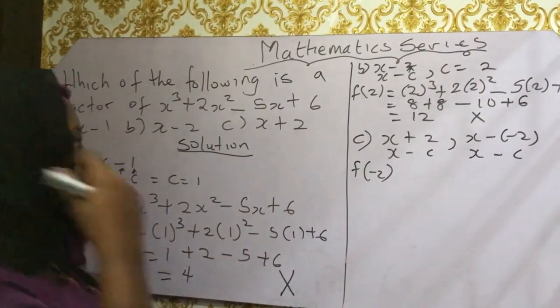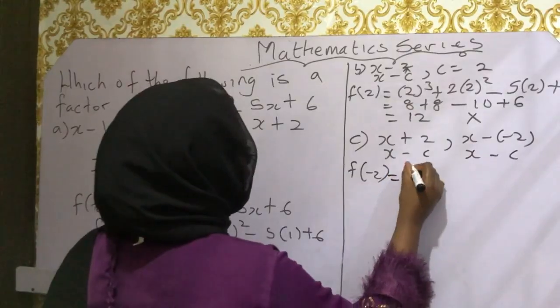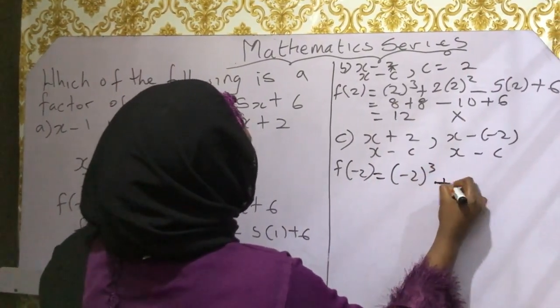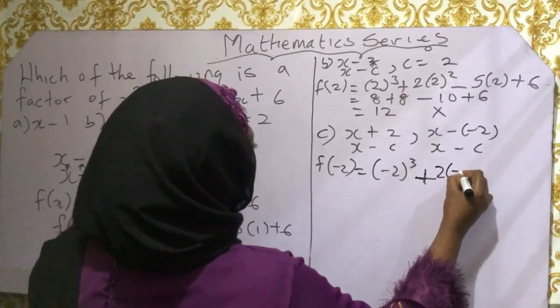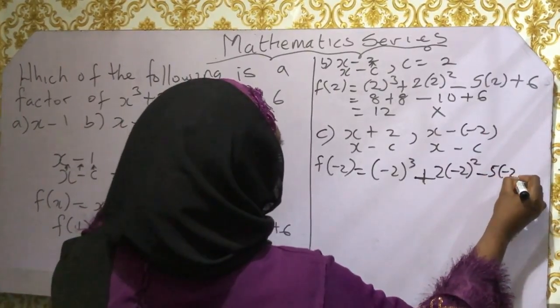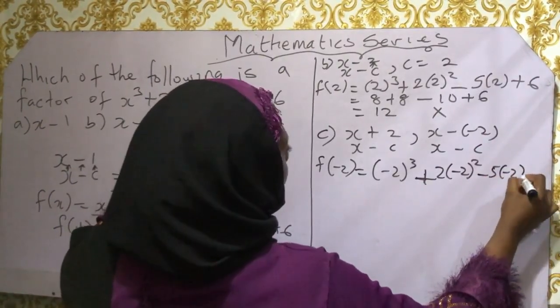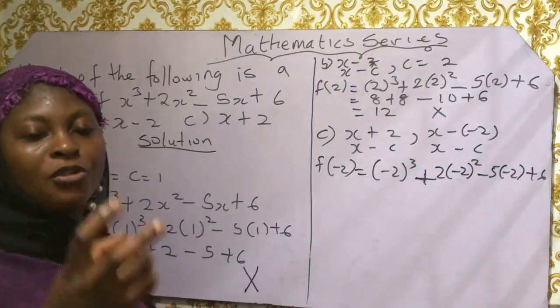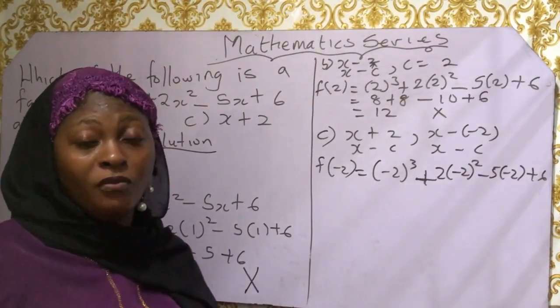So let's see. Minus 2 to the power of 3 plus 2 times minus 2 squared, minus 5 times minus 2, plus 6. Okay. Minus 2 to the power of 3 gives minus 2 times minus 2, that's minus 4.